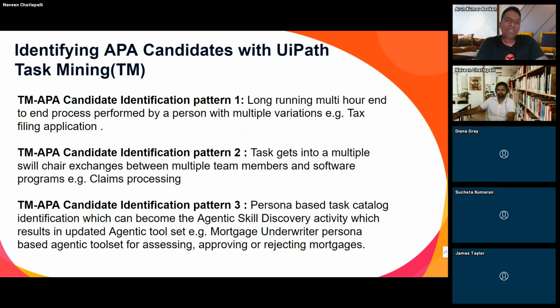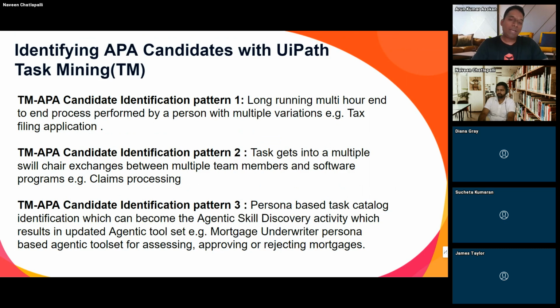Okay, so I'm just talking about three patterns, but there can be n number of patterns. But as we're just starting the journey, this is just to make you think on the right lines, right? So when you talk about task mining, the first pattern here talks about a multi-hour long running process done by a human. Let's say we do an assisted task mining, we identify that there are multiple variations and it runs for multiple hours, right?